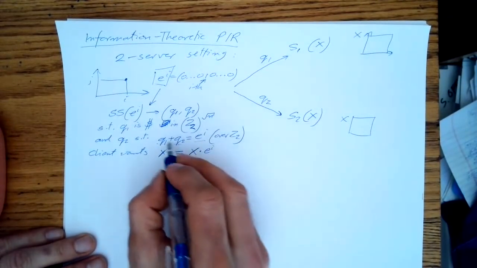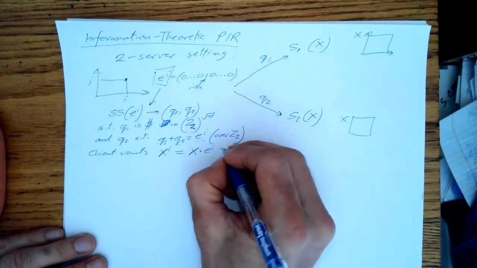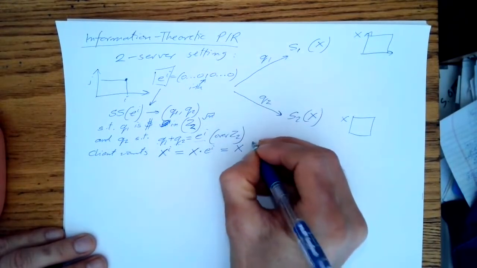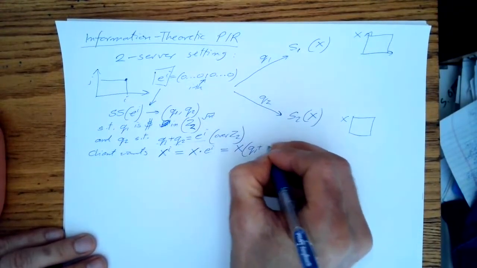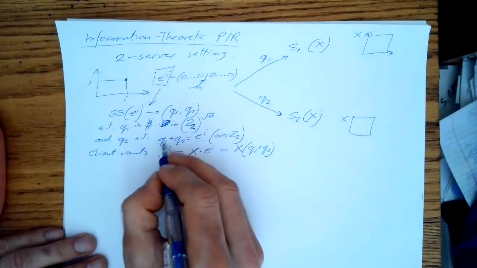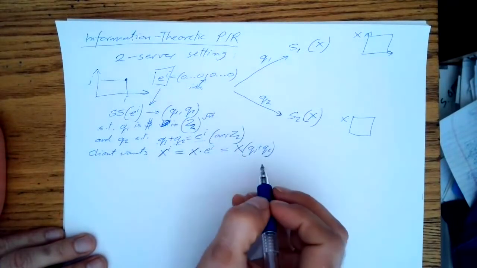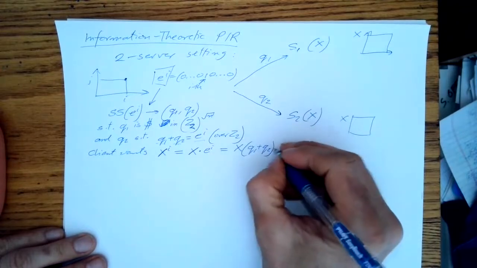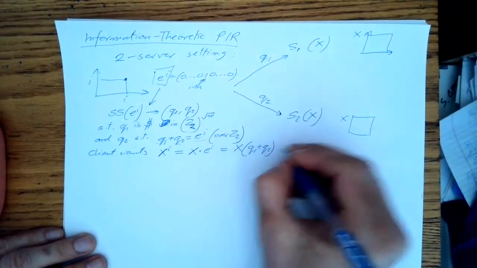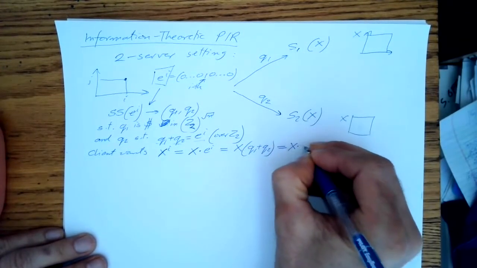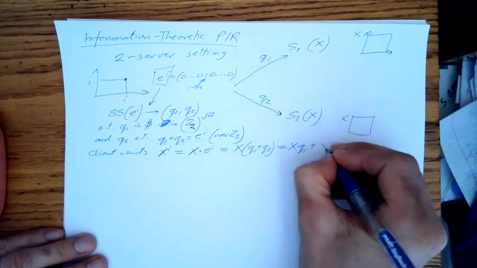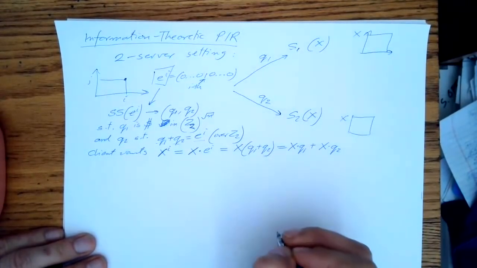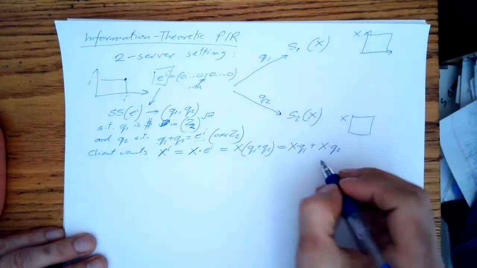But by linearity, this is the same as X times Q1 plus Q2. So these two vectors secret share this one, where all the operations are over Z2. By linear algebra, this can be represented as this sum.